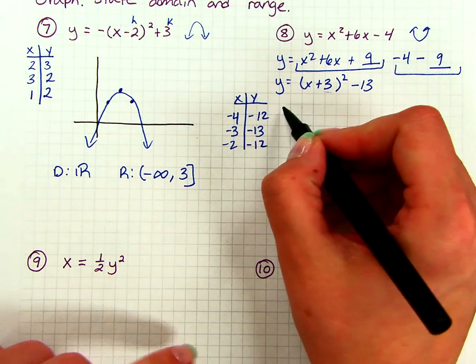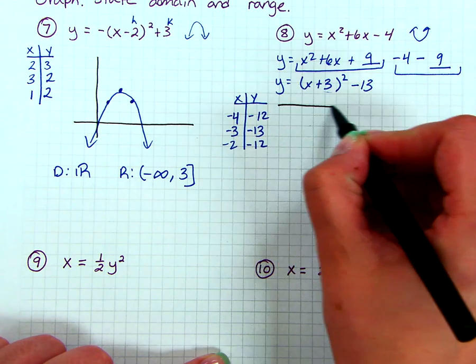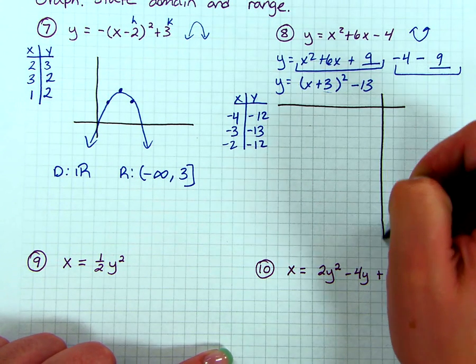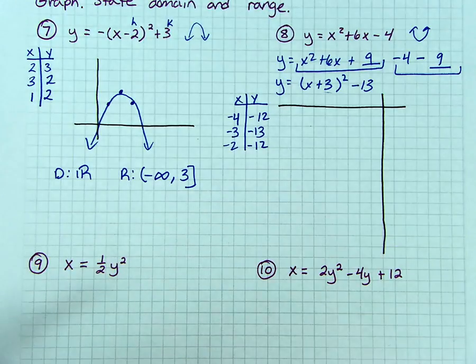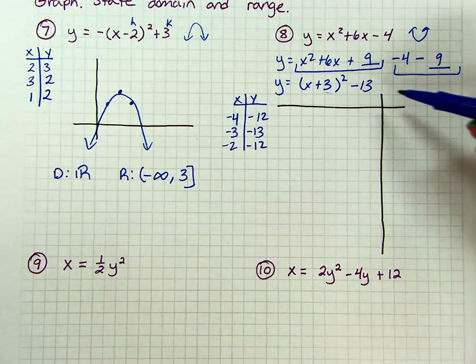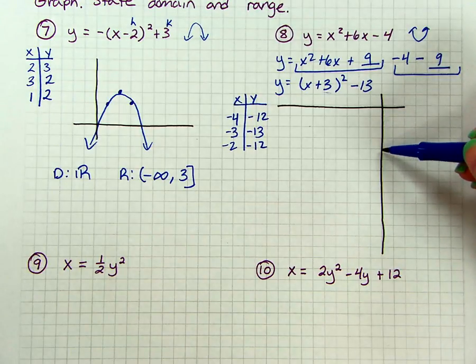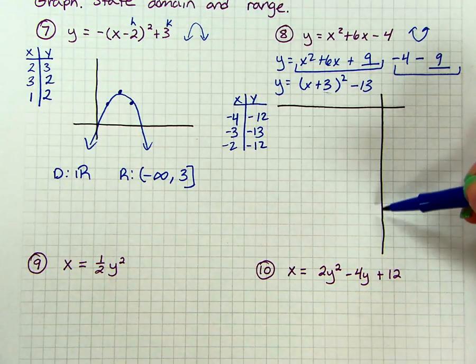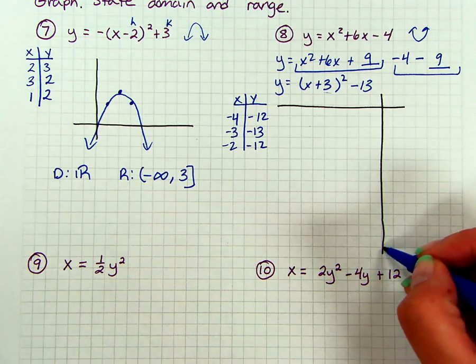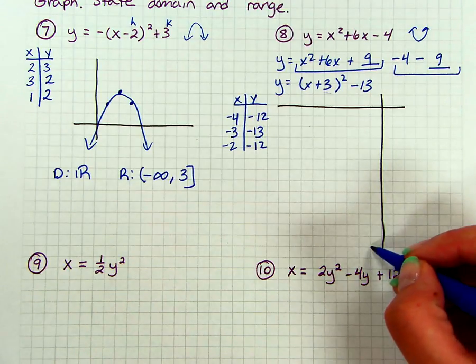All right, so now we're just going to graph that. I'm going to count to see how many spaces I have to decide if I need to count by 2s or not. So 1, 2, 3, 4, 5, 6, 7, 8, 9, 10, 11, 12, 13. Okay, so that's my lowest number. So down 13 over 3.